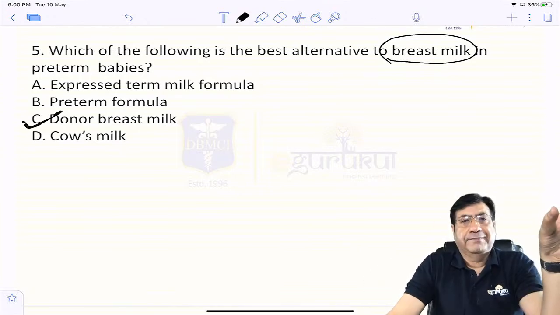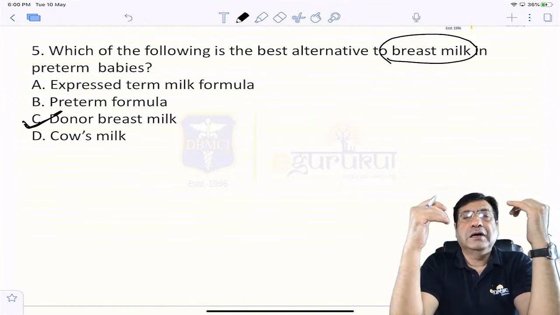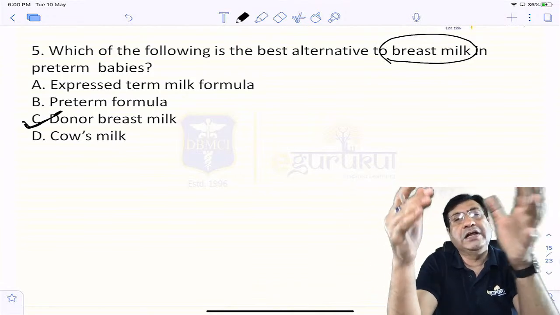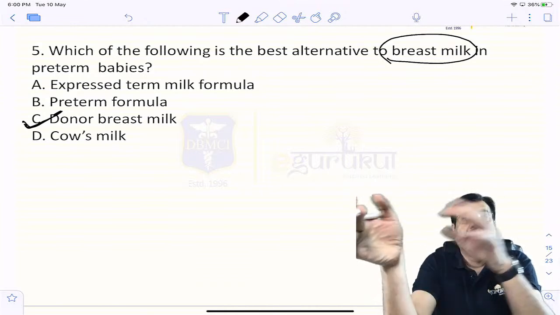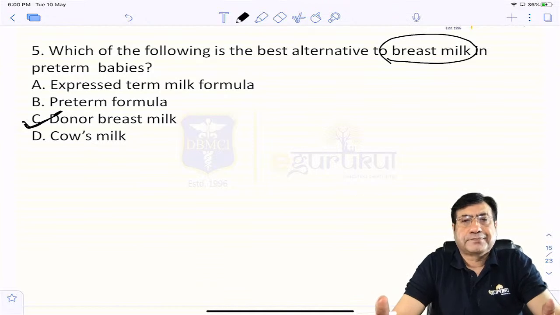It's very clear. See, breast milk of the mothers who deliver a preterm baby is different from a breast milk of a mother who delivers a term baby. And the reason is that during the later part of gestation, the fetus is known to take in amniotic fluid, which contains a lot of vitamins, lot of minerals, lot of proteins.